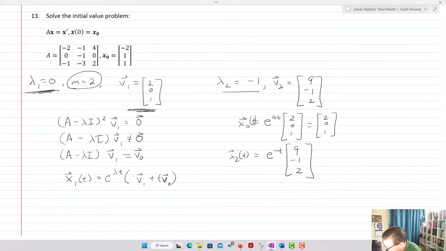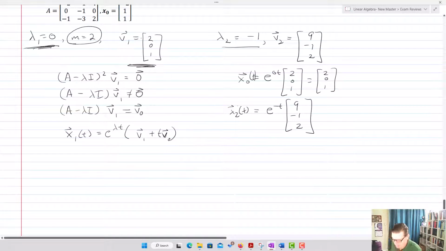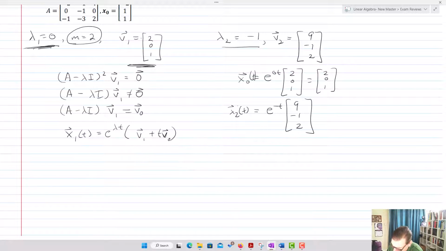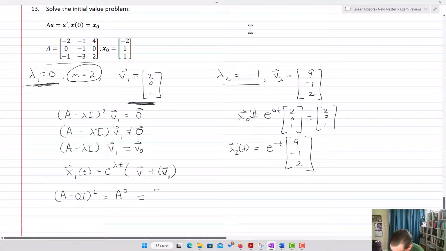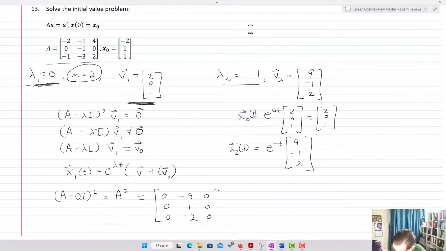Now let's go find x1, the one that goes with lambda 1 equals 0. A minus lambda 1 squared. So this is actually A minus 0I squared, which is just equal to A squared. So we're just going to square A. When I square A, and A is this matrix right here, it's going to end up being 0, negative 9, 0, 0, 1, 0, 0, negative 2, 0.